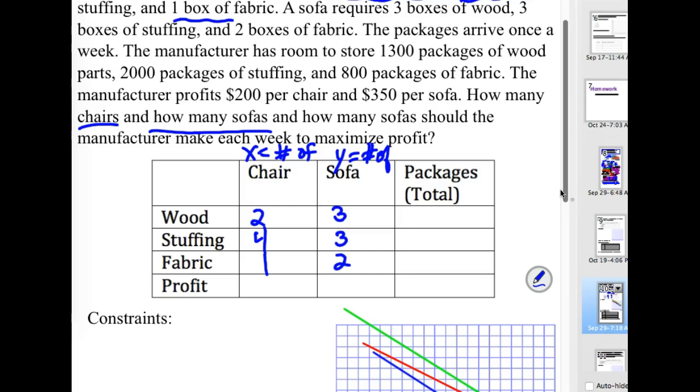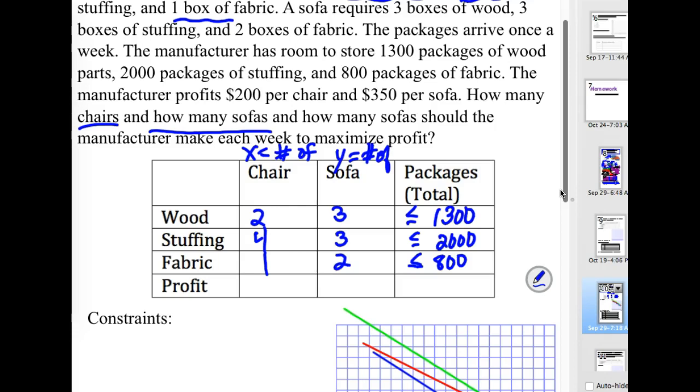We can store. Okay. Now, what kind of inequality would we put in there? Yes, less than or equal to. We can't go over 1,300. We don't have the room for it. Okay. Stuffing. We've got space for 2,000. And fabric, we have space for 800. So all of those are going to be less than or equal to's. Does that make sense?